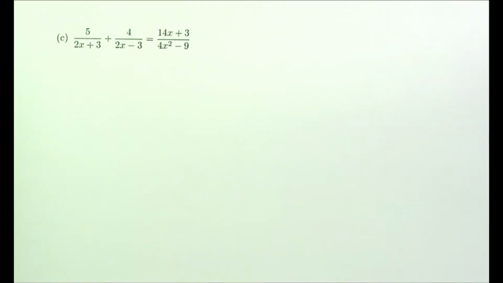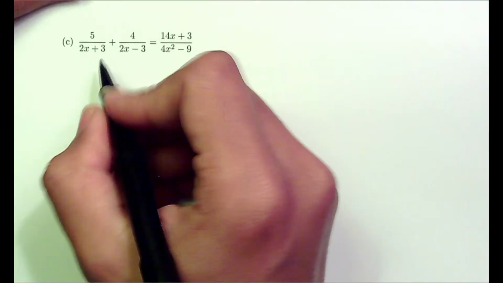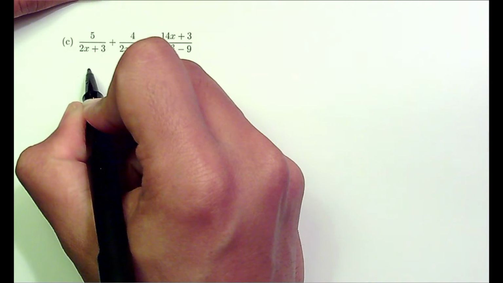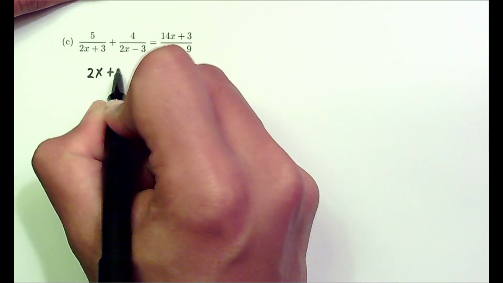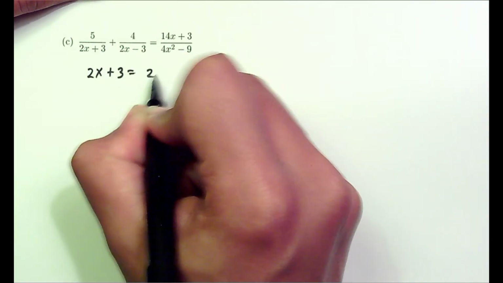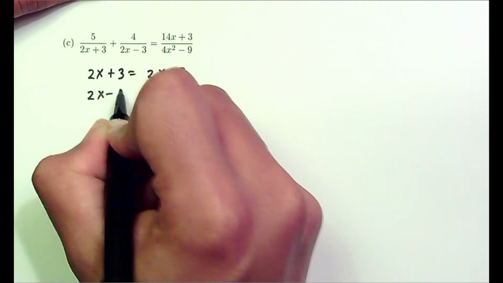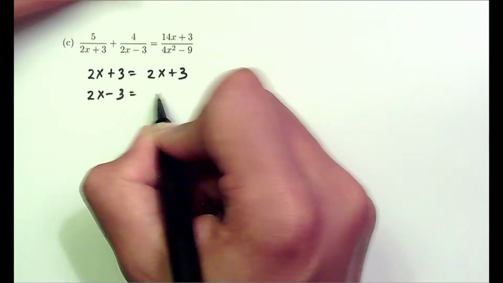Okay, let's do another example. Here we have it. First step, as usual, is going to be find the LCD. So you need to start by factoring each of the denominators. The very first one does not really factor, just itself. And the second one does not really factor either, so do nothing.